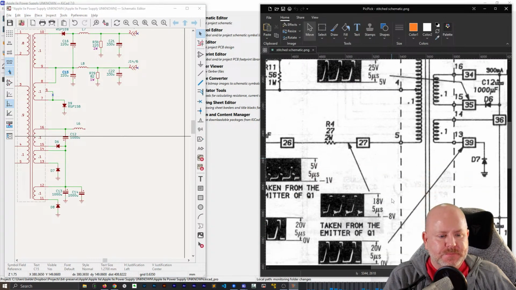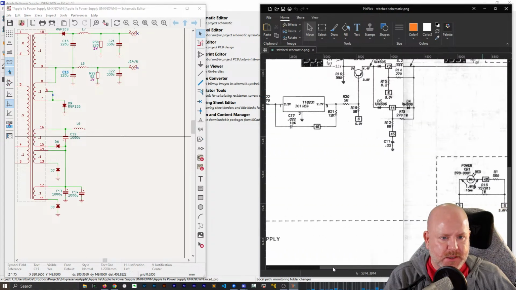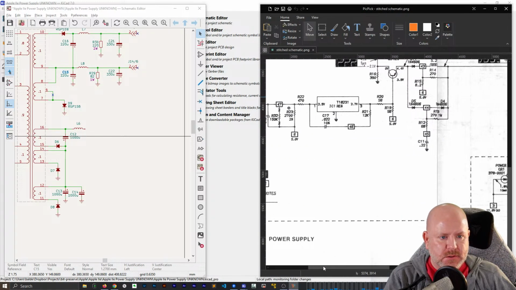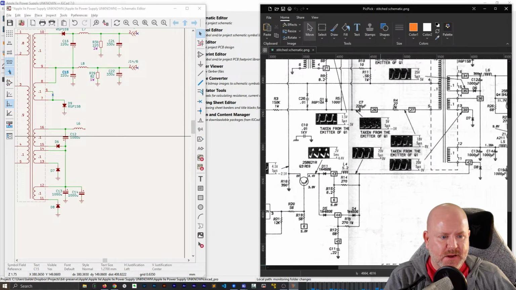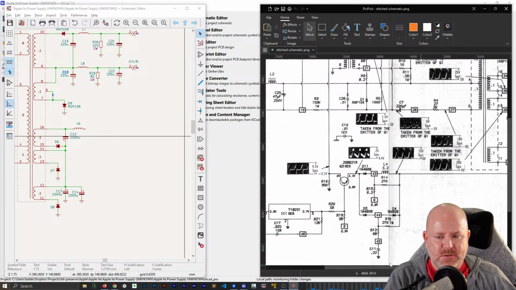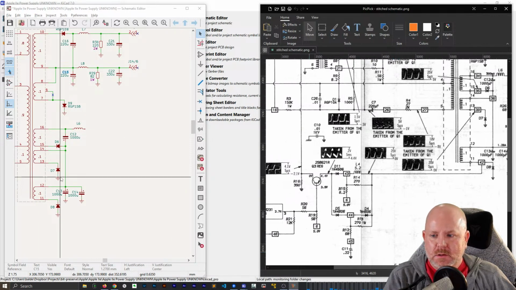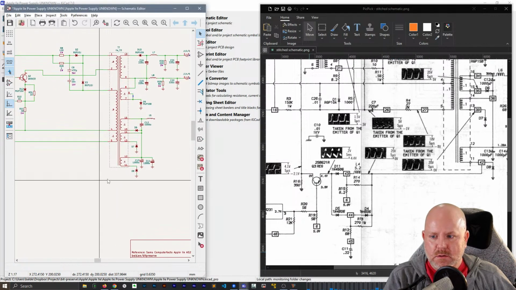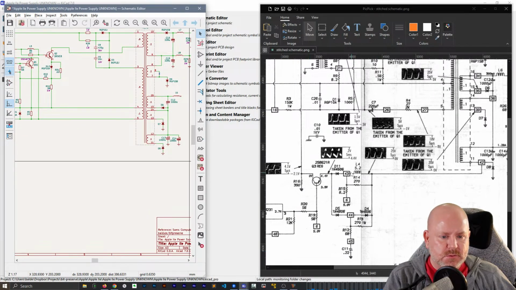You know what I want to do? I want to finish this other part of the schematic, because I feel like this is going to affect things. Yeah, it is. So let's work on this area for a minute.